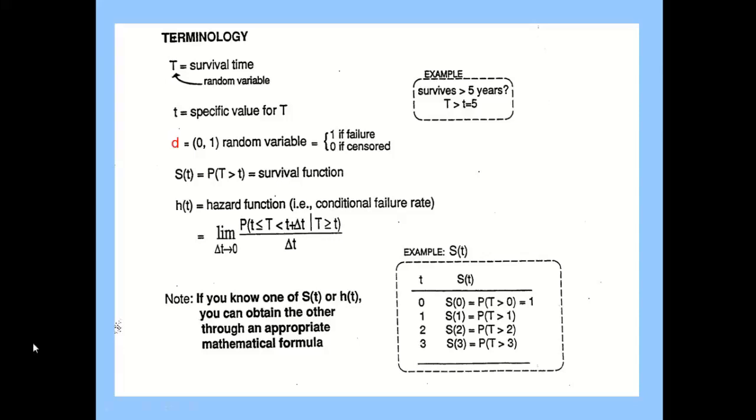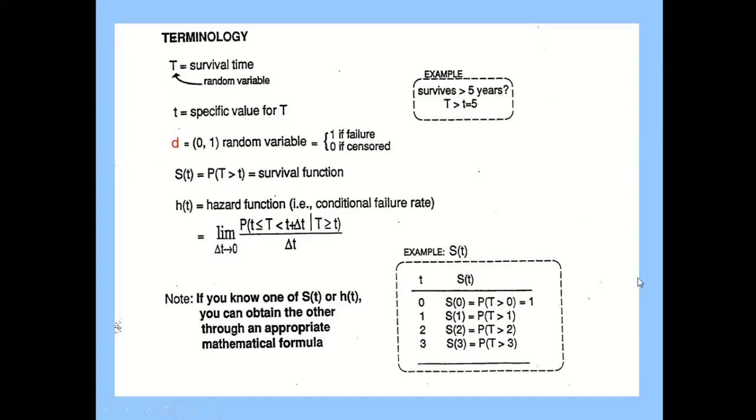And it's defined to be the survival probability at time t, little t. What's the probability that somebody's survival time is greater than some specified value? Okay, now let me ask you something about this. It's called the survivor function.